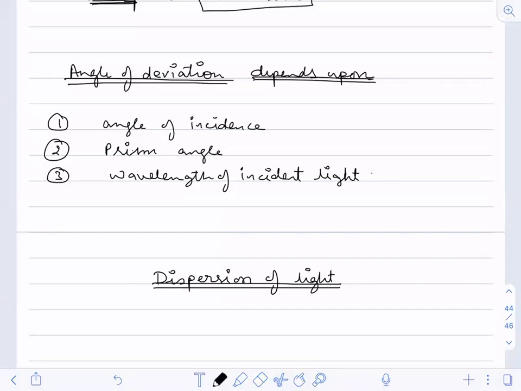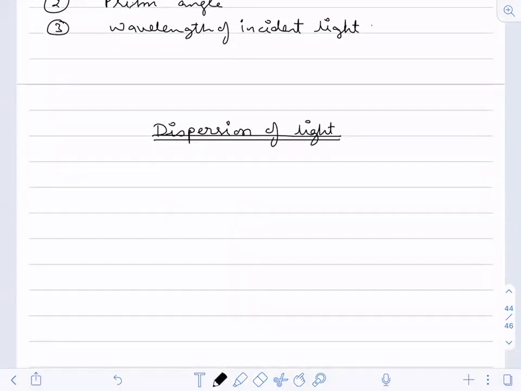What is dispersion, if anybody knows? Prism splits into 7 colors. Okay. Dispersion is splitting of colors. Very good.